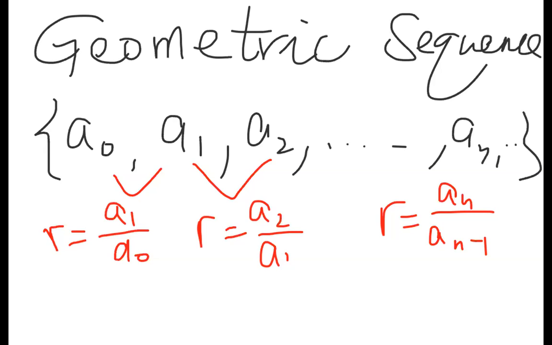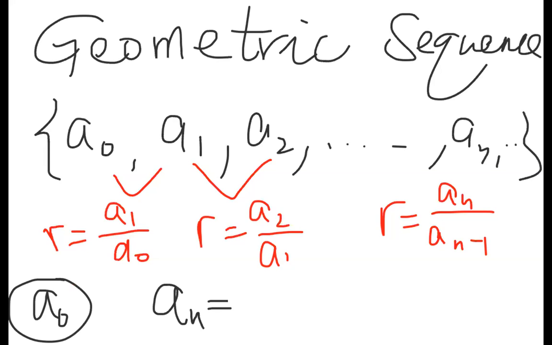Okay, so how do we write down the general term for this geometric sequence? If you start from a0, then for the nth term, you apply how many powers of the common ratio?